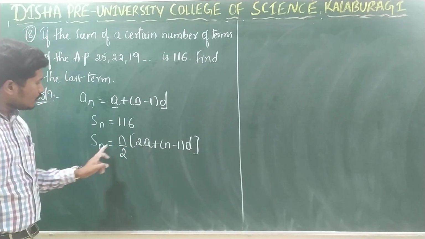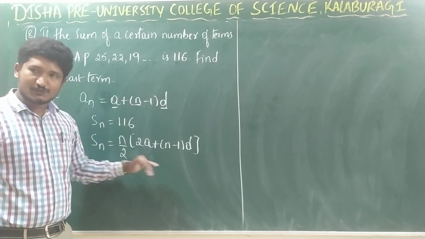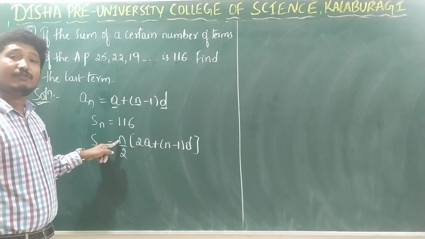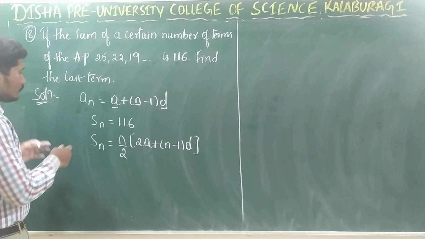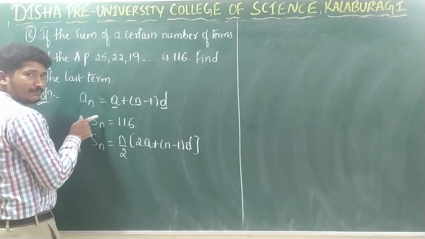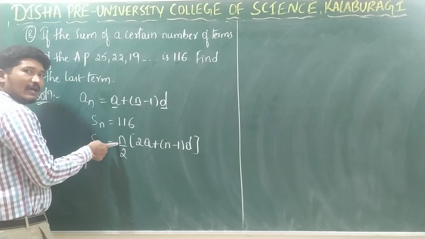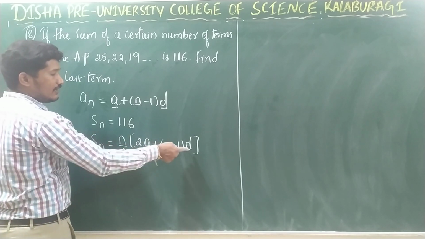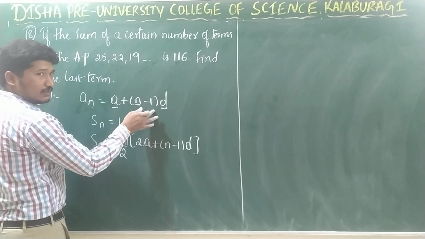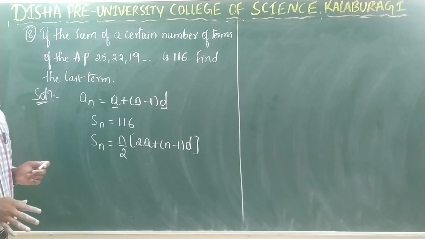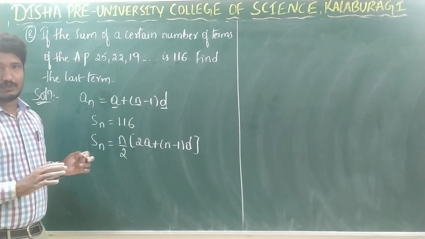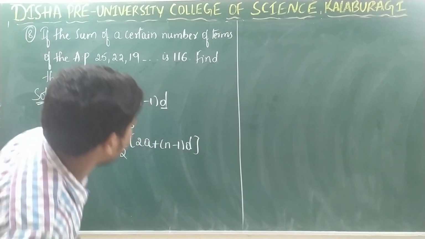So by substituting all these three values in this formula, can I calculate the value of n? Right? So from the given sum, let us calculate the value of n, and with the obtained value of n and the values of a and d, we will substitute in this and we will obtain the last term of the arithmetic progression. Right? So let us solve this.